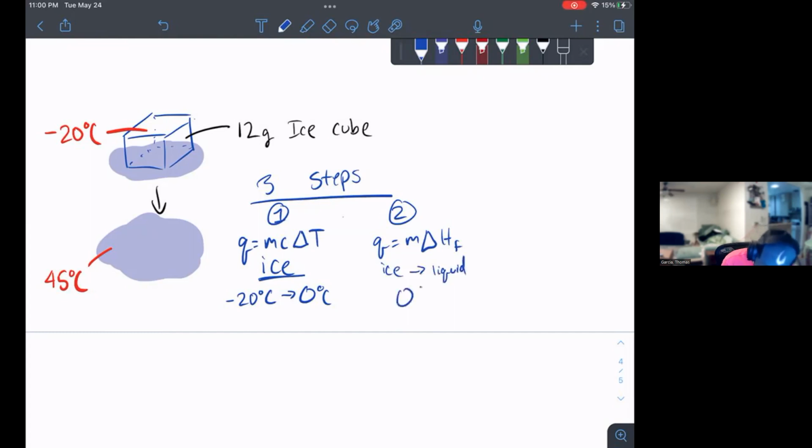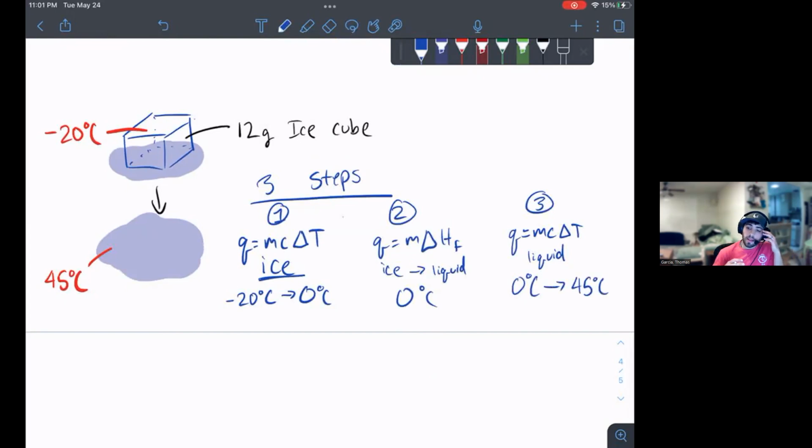And that's going to be 0 degrees Celsius the whole time. And then step 3, you're going to need to look at the water using Q equals mc delta T once more as it's in a liquid state. And that's going to be as it goes from 0 degrees Celsius to 45 degrees Celsius.